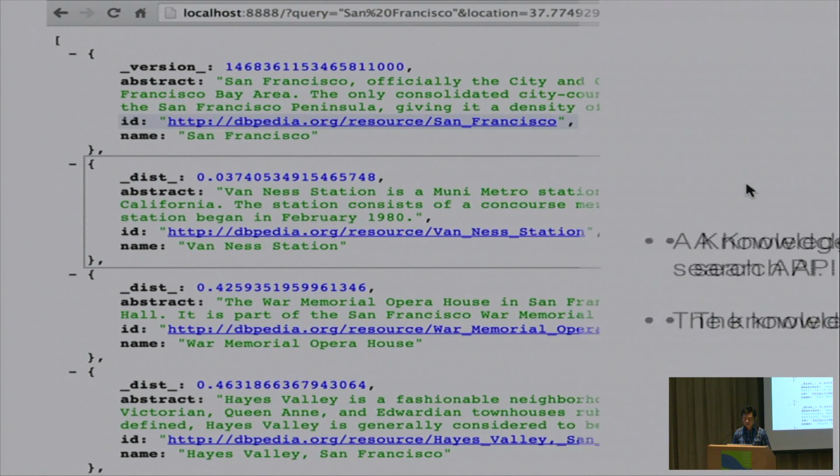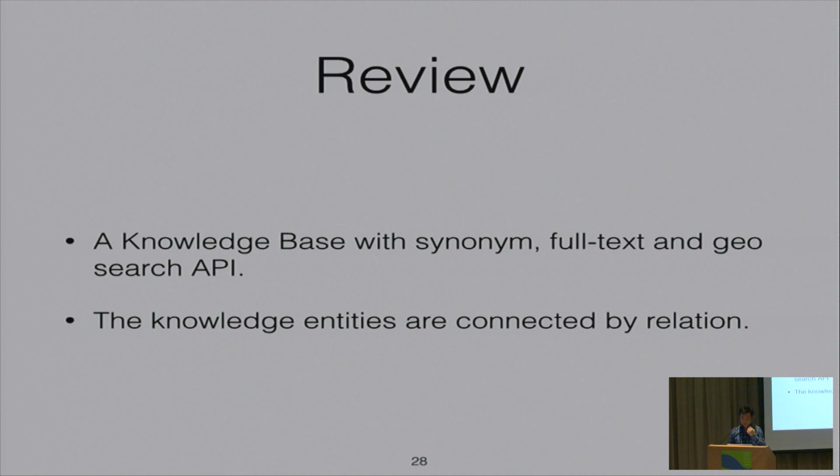So far we have already implemented a knowledge base with a searchable API, and we can search by synonym, full text, and geo search. Based on this, we can provide much more intelligent applications.